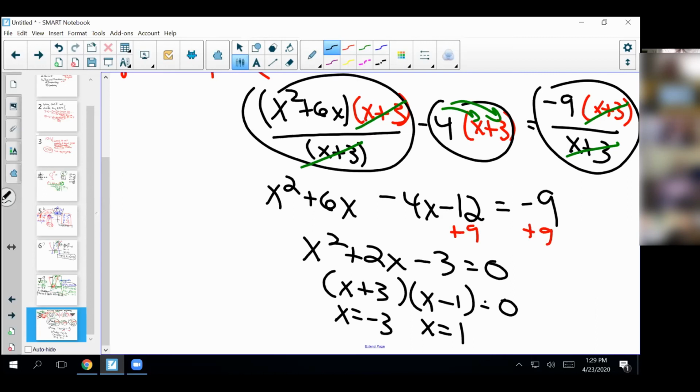Matt. Your denominator can't be 0, right? Right. So why is that a problem? Because if it's 0, it's irrational. Like you can't even progress in the problem. So it can't be negative 3. Right, yes.